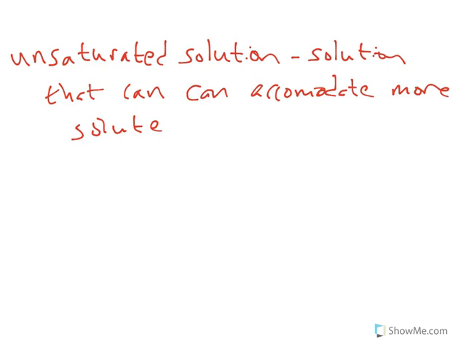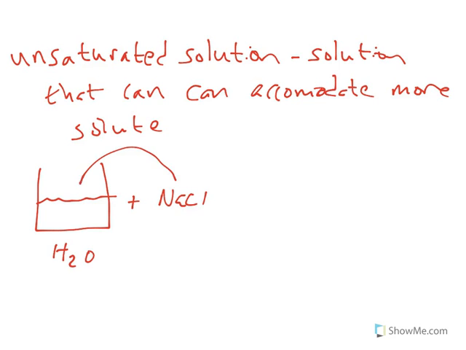All right, to kind of draw a cartoon of what this would be, you have pure water here. You add a little bit of sodium chloride, which would be a salt, and you get a solution. Well, you wouldn't actually see those particles.